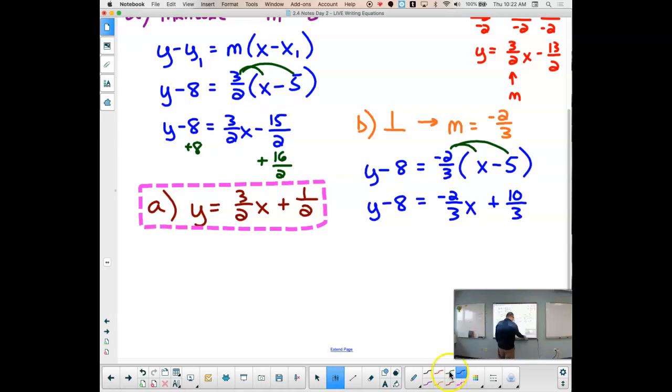Again, I am going to add 8, but now instead of adding 8 onto the right side, I'm going to add 24/3. Again, so I have common denominators. Then what I'm going to do is I'm going to move myself out of here.